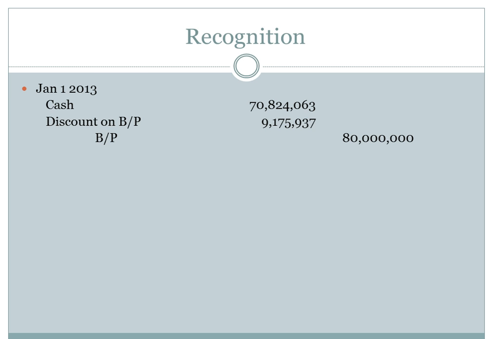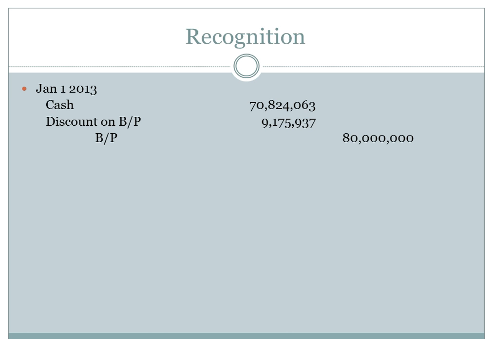That obviously is not the full journal entry because every journal entry has to have equal debits and credits. So the difference between the amount of cash collected and the face amount of the bond has to go into either what's called a discount on bonds payable or premium on bonds payable.